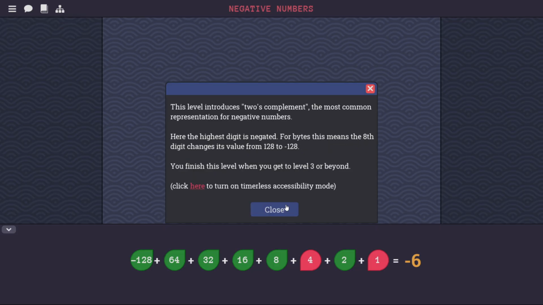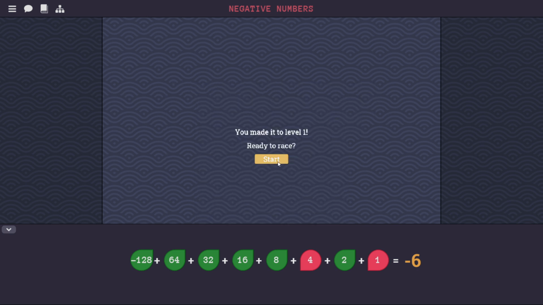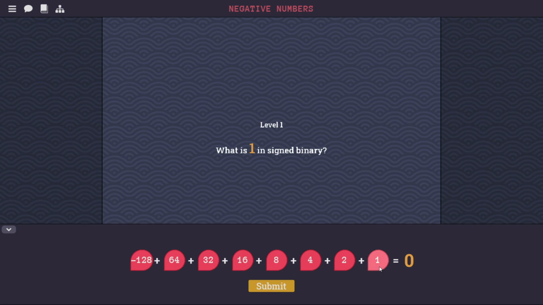But let's try using the faster mode and see if we're able to go past this level now that we have a way to find these numbers. So start the race, 1, submit. I need a timer. It doesn't have a timer.